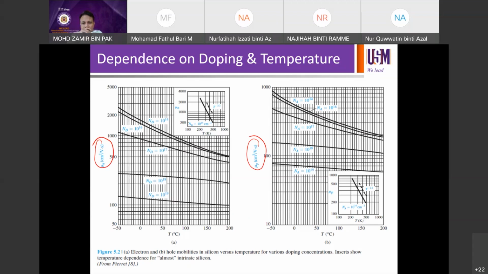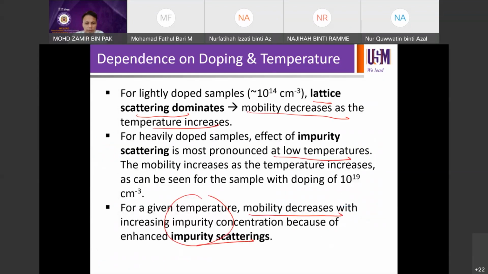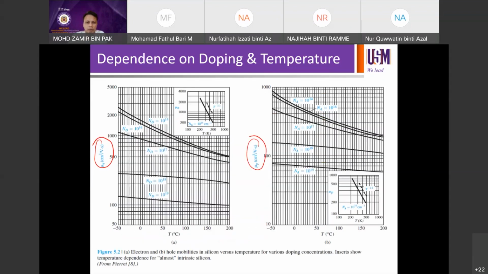Okay, so you are not seeing any obvious dome shape here because you're talking about the low temperature region only. But you still get to see the mobility reduces at a high doping level, whether you're talking about electrons or holes.